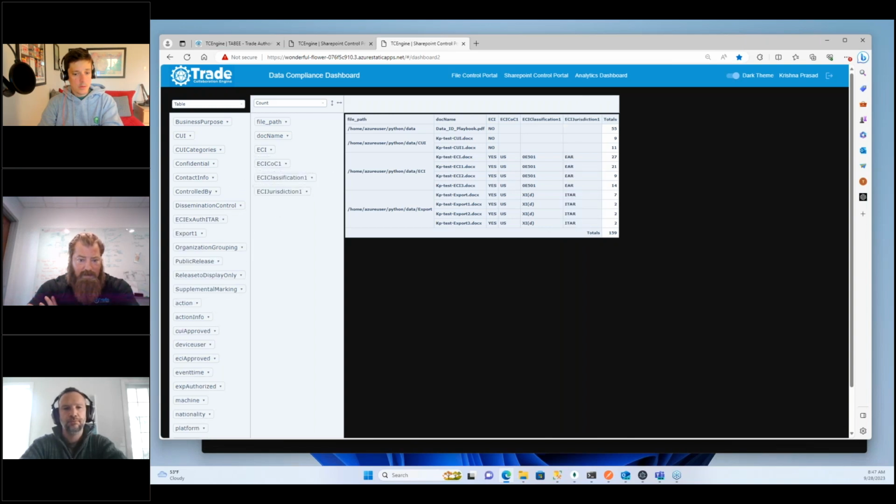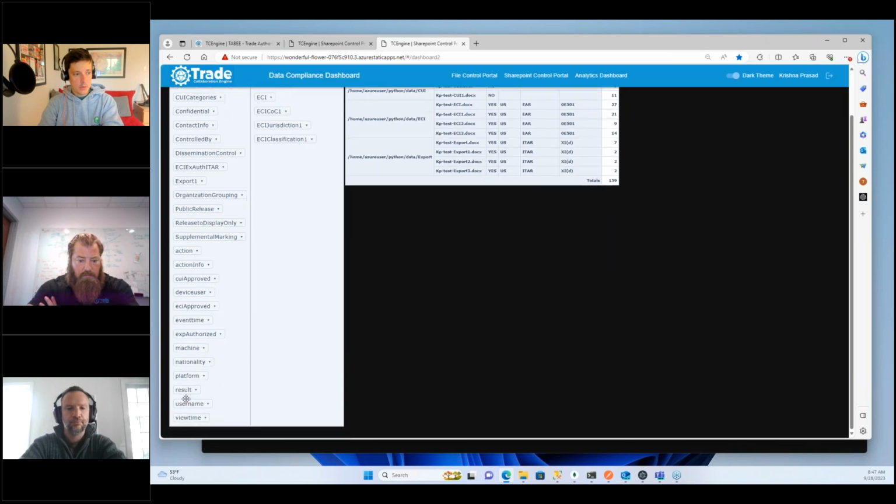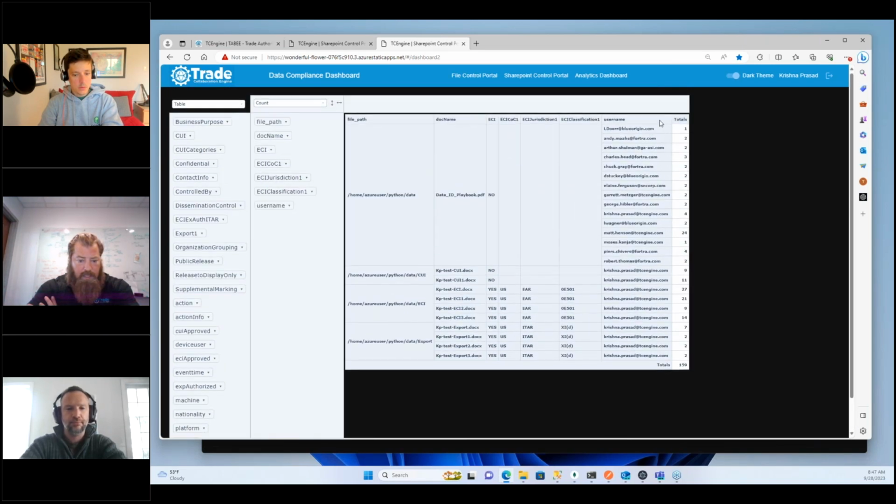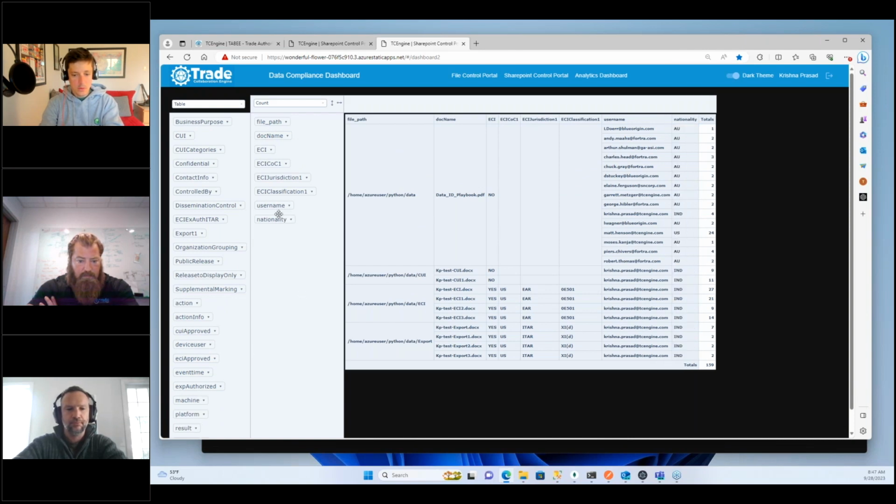Jurisdiction, classification, right? Let's look at user. I think here we call it nationality. Let's pull nationality into this. And then let's pull in export authorization.